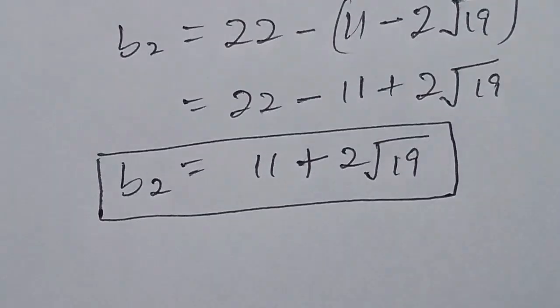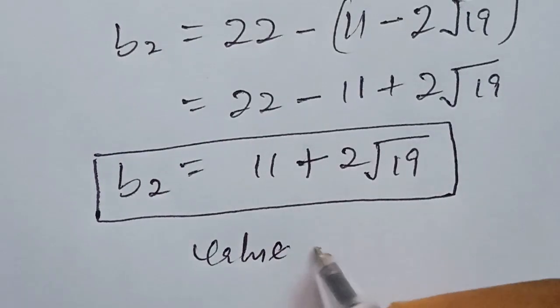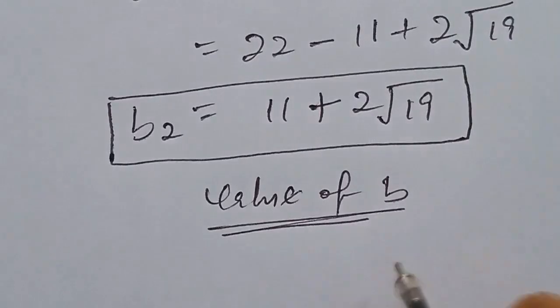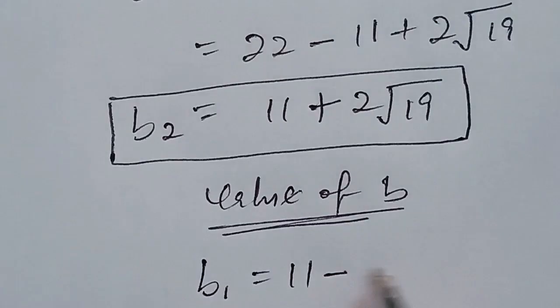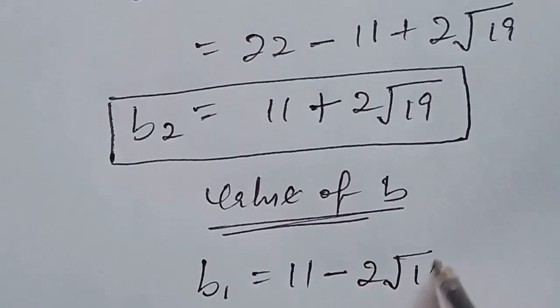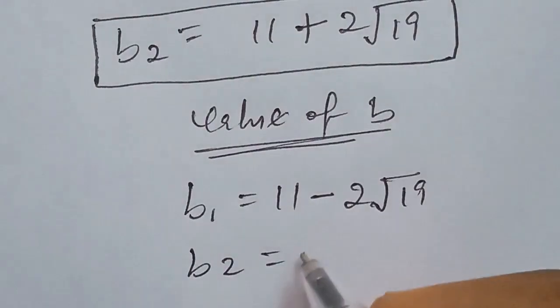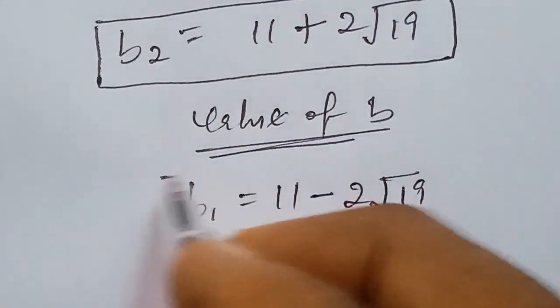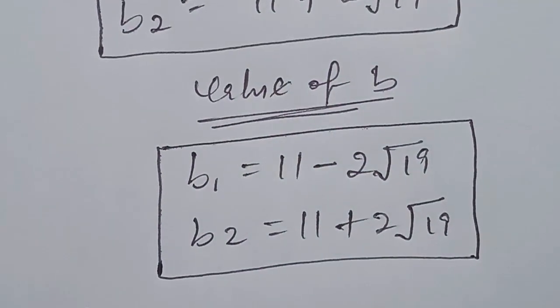Now the two values of b are given as b1 equal to 11 minus 2 square root of 19, b2 equal to 11 plus 2 square root of 19. So these are the two values of b1 and b2.